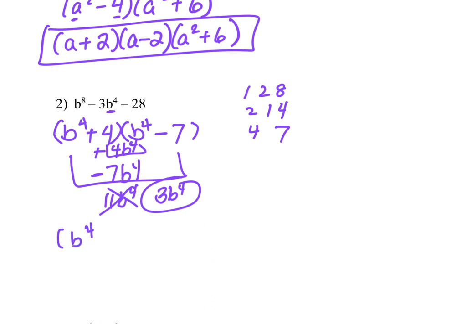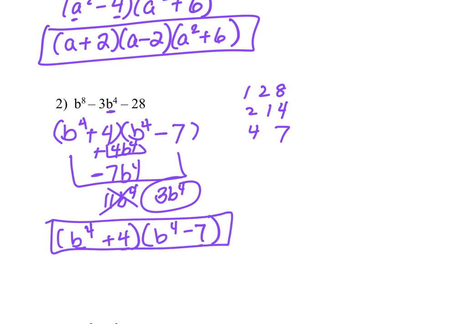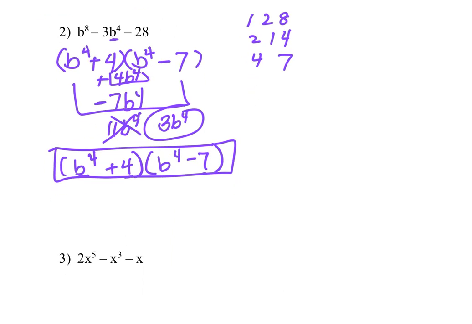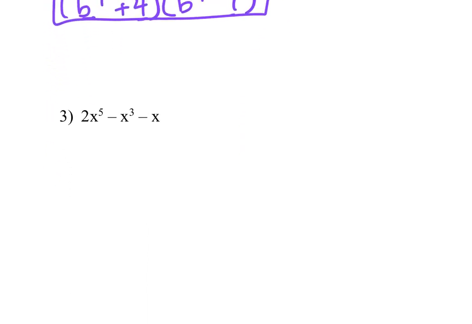So right now what we have is b to the 4th plus 4 and b to the 4th minus 7. So this is a perfect square, this is a perfect square, but it is a minus sign, so nothing I can do. And 7 isn't a perfect square, so we're as far as we can go here. Always check to see if it's dots or soap so that you can factor it.